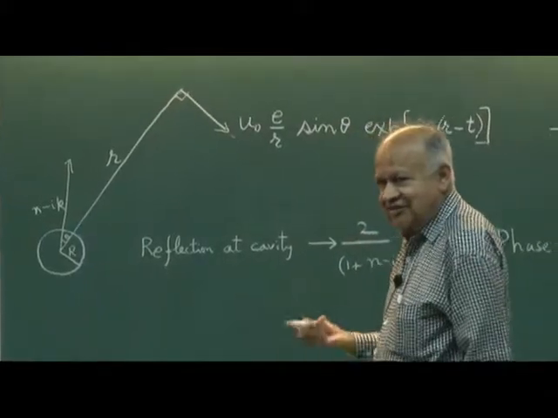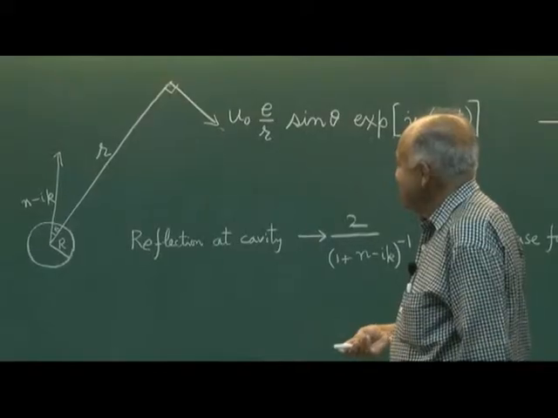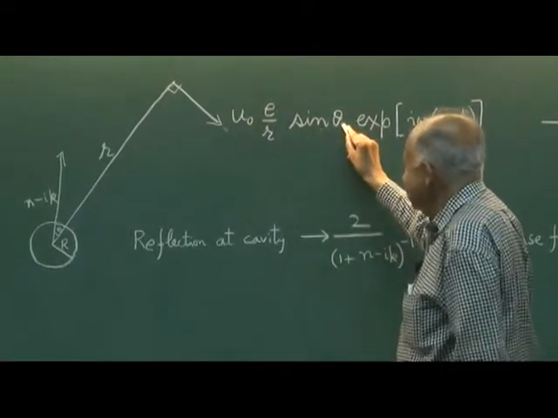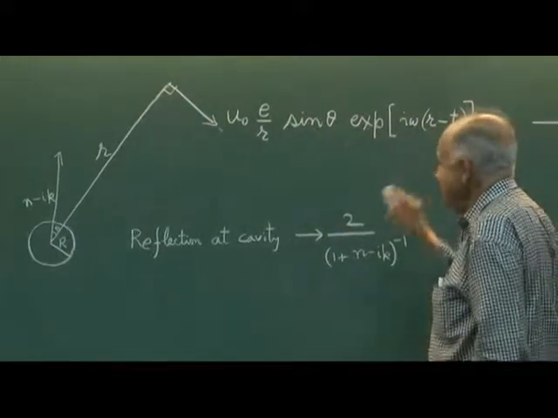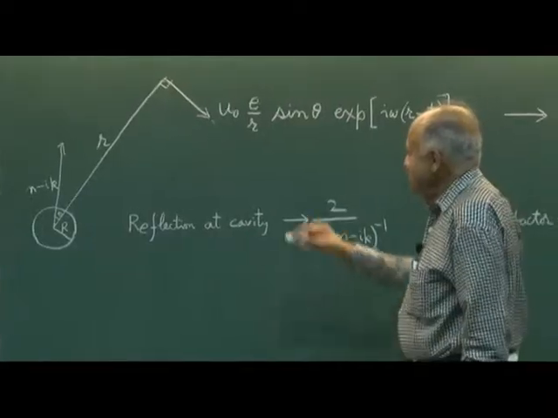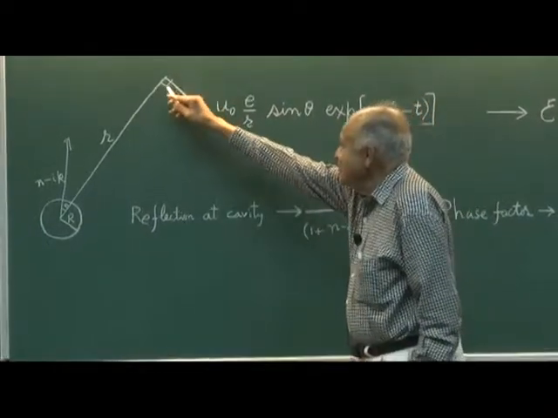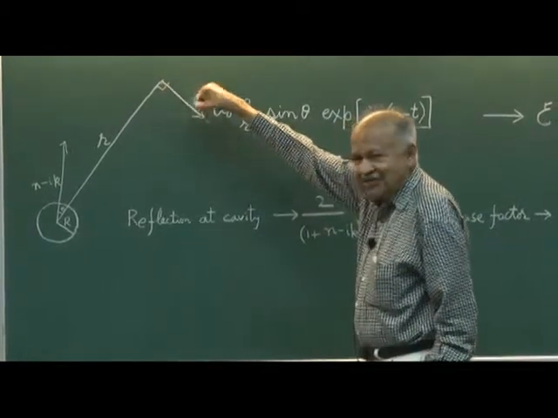This is something you can verify from Maxwell's equations. So, u naught E upon r sin theta comes in because of that. This field is applied to the absorber particle, so the absorber particle will start oscillating like this.